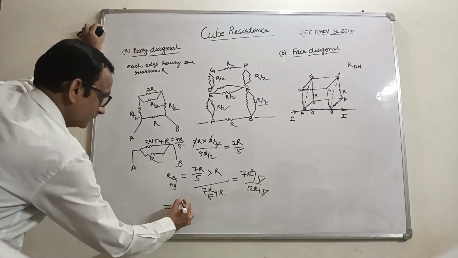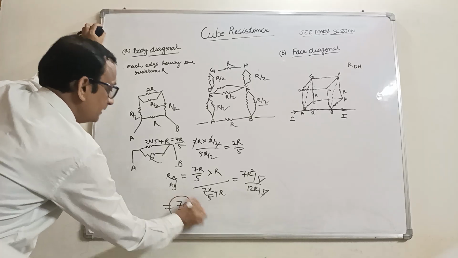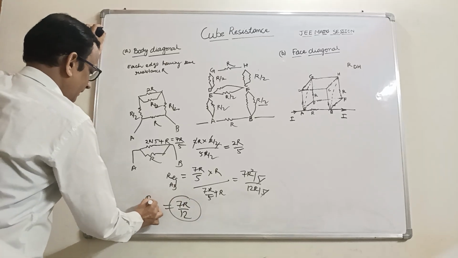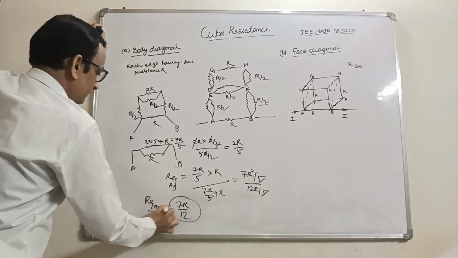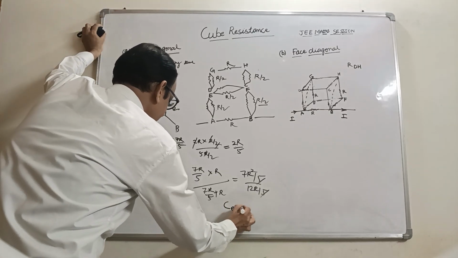So this becomes 7R by 12. The equivalent resistance across AB would be 7R by 12.